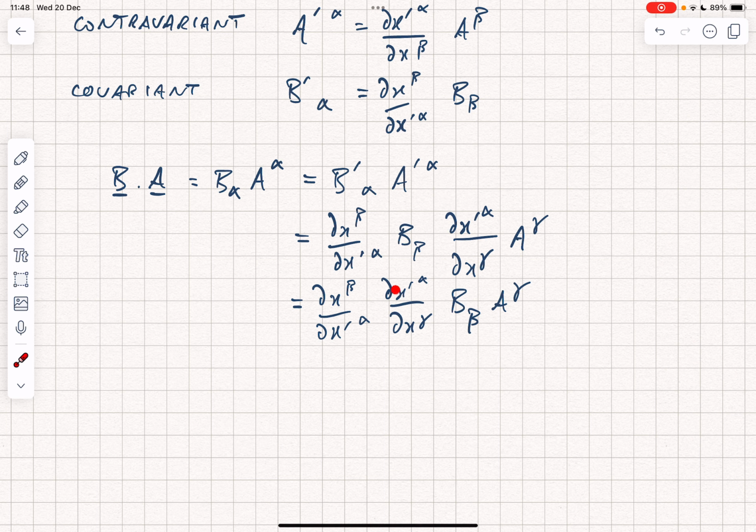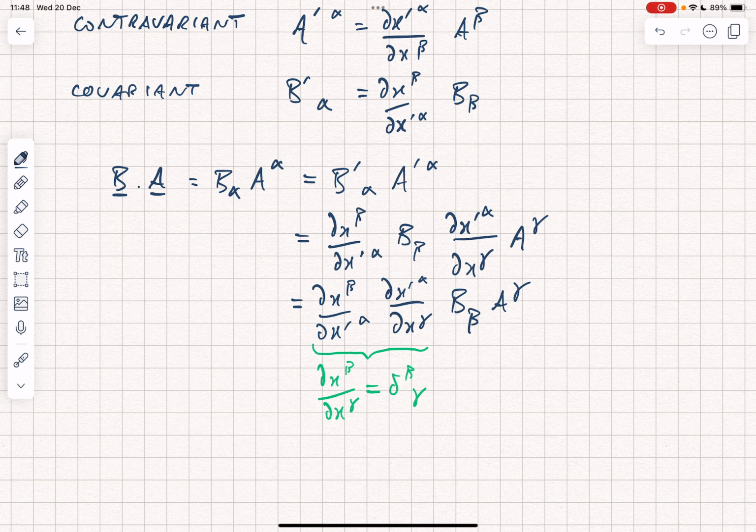Now notice, this is simply the chain rule. So we can actually rewrite this as being dx superscript beta by dx superscript gamma, and that is simply equal to delta beta gamma.